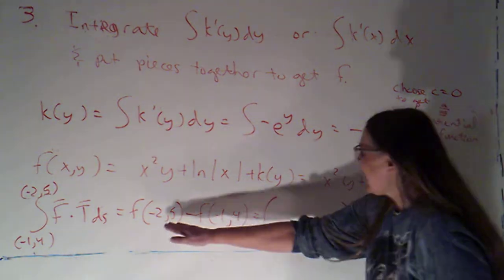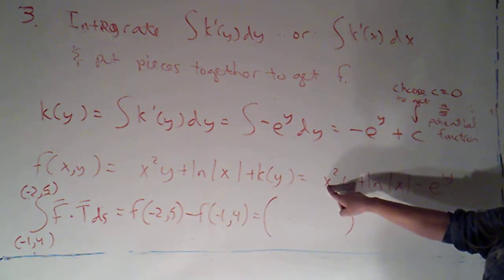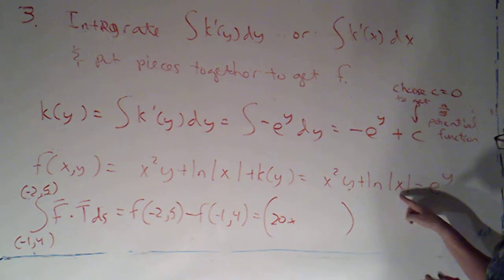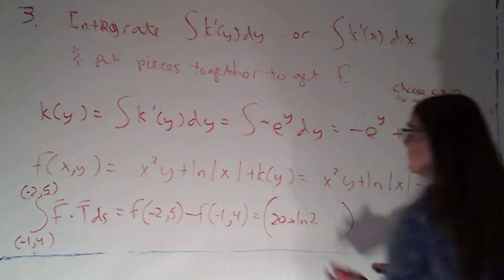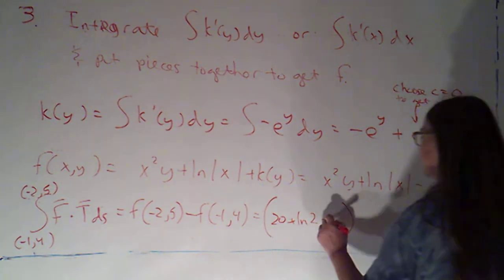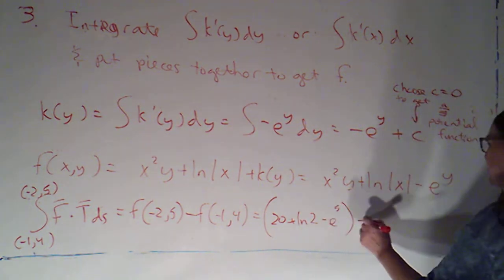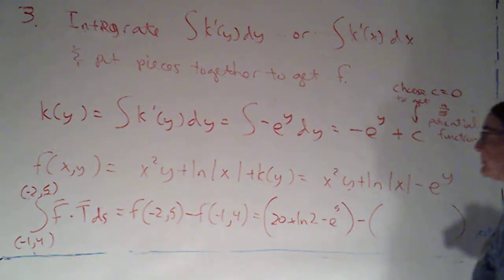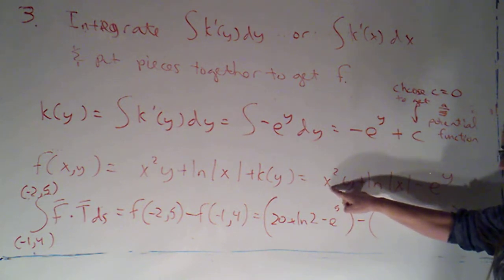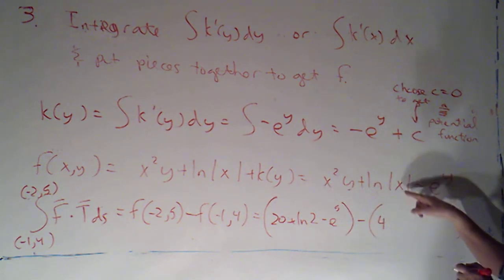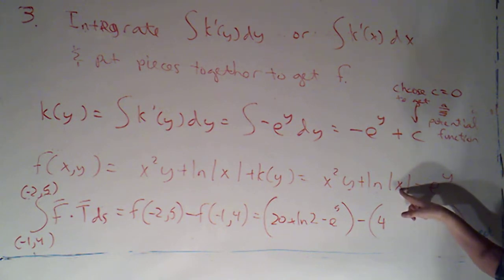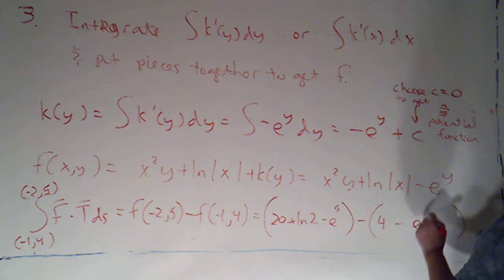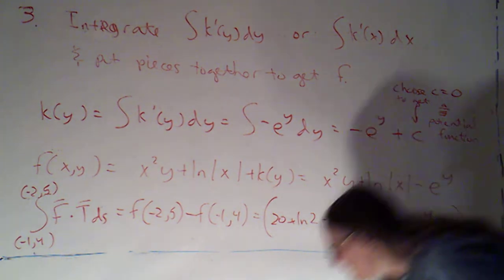If I plug in negative 2, 5, I'm going to get negative 2 squared is 4 times 5 is 20, plus natural log of the absolute value of negative 2 is just ln 2, minus e to the 5th. And then I'm subtracting what I get when I plug in negative 1, 4. So that's going to be 1 times 4 is 4, plus the natural log of the absolute value of negative 1 is the natural log of 1, which is just 0, minus e to the 4th.